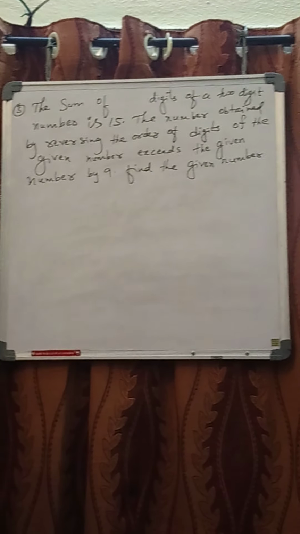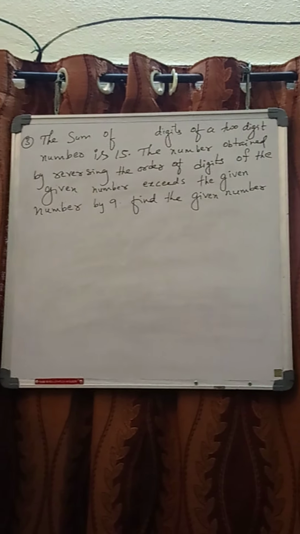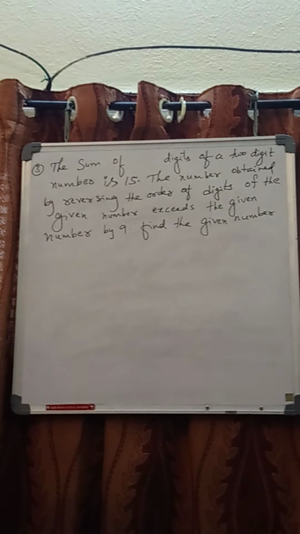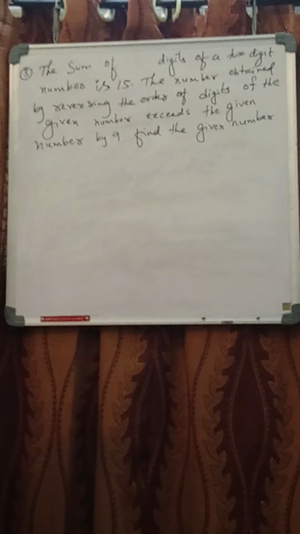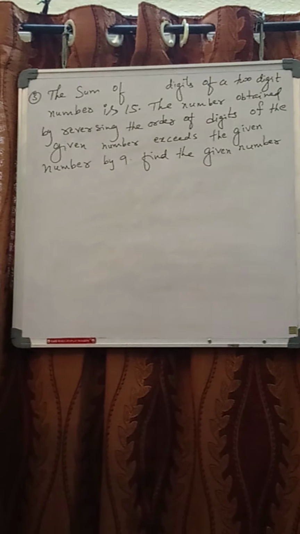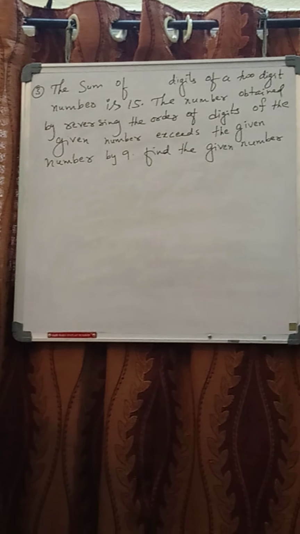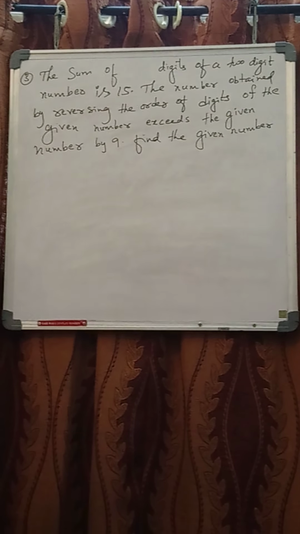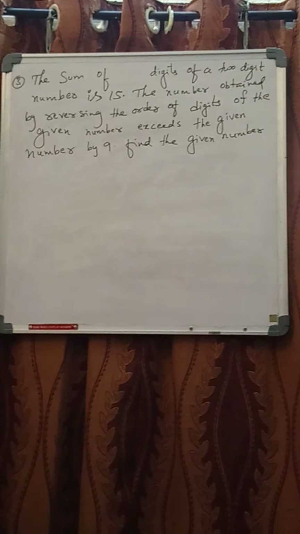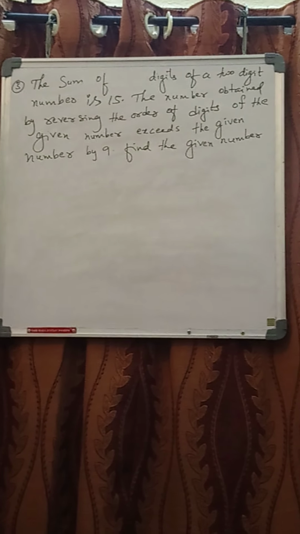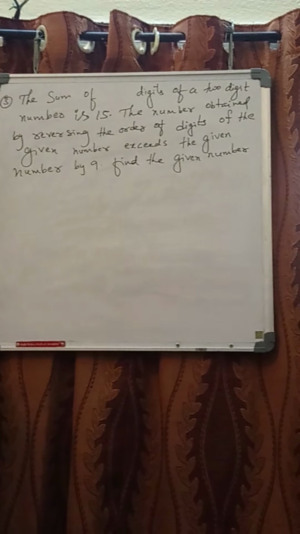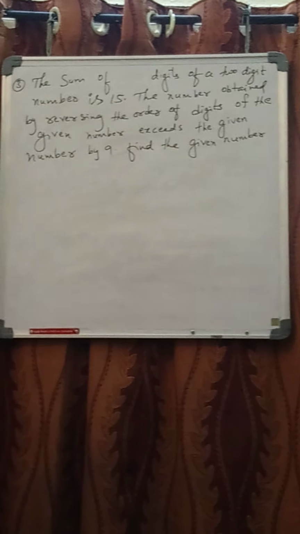Here is a problem for you, children. The sum of digits of a 2-digit number is 15. The number obtained by reversing the order of digits of the given number exceeds the given number by 9. Find the given number, children. Here he gave two statements in this problem. First read the question properly once.